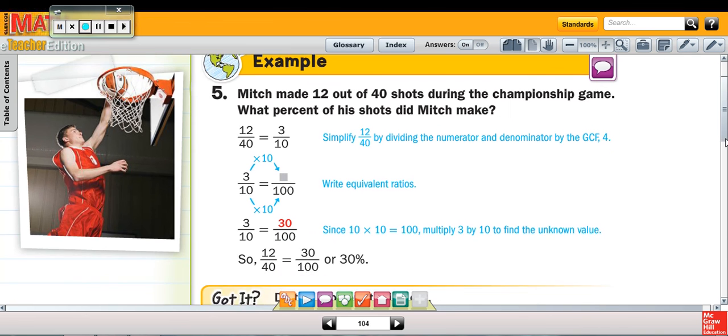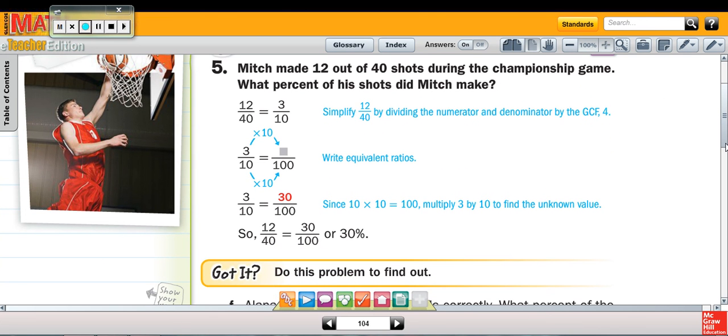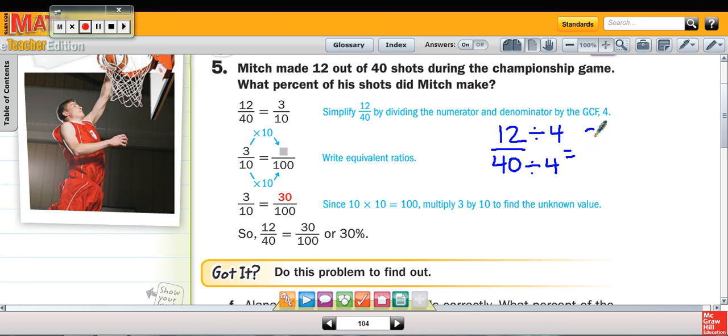At the top, we have this word problem. Mitch made 12 out of 40 shots during the championship game. What percent of his shots did Mitch make? Well, if we have 12 out of 40, I notice I can simplify that by a factor of 4. So 12 divided by 4 is 3, 40 divided by 4 is 10.